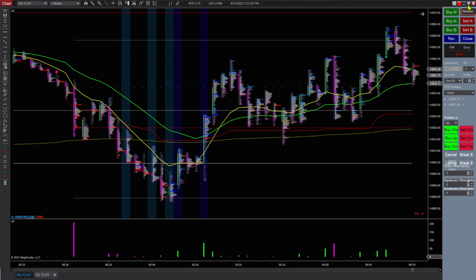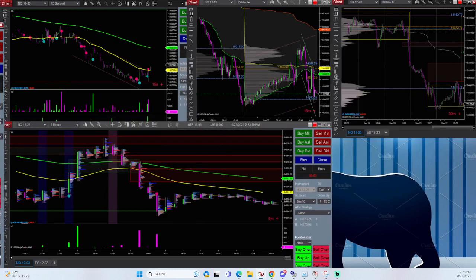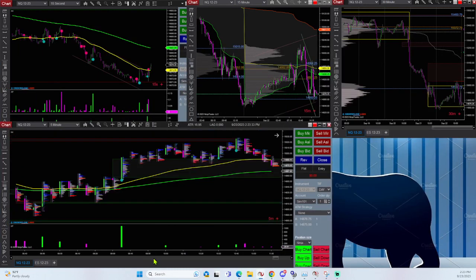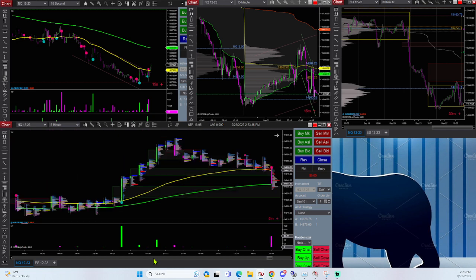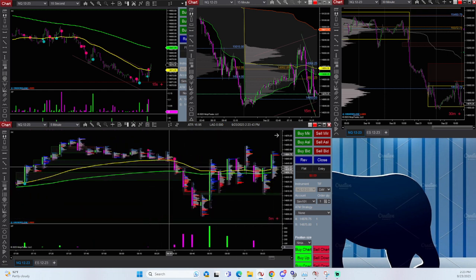If you're wondering, these are the other charts that I have and look at. Here's my 5 minute. Kind of got the same exact stuff. Volume footprints with pace on it. This is another indicator right here. So you have a lot of volume here at the open, confirming to go short.